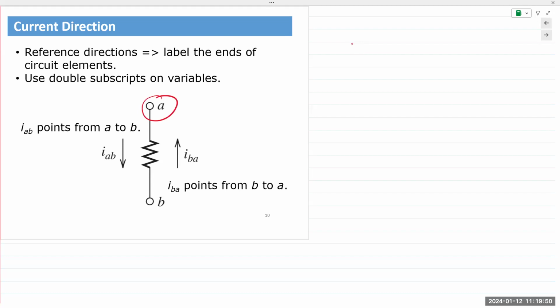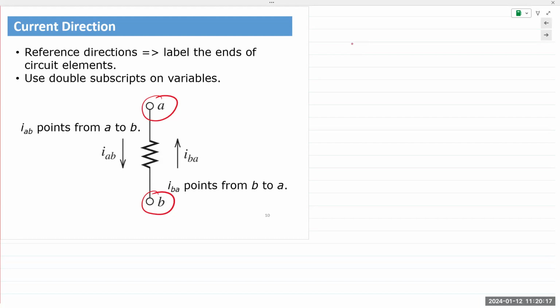In this case, it is A and B, right? It shows that this is a resistor, but it could be any element. You establish the voltage polarity, you establish the current direction. Whether it's given to you or whether you're making an assumption does not matter. But once you have the voltage polarity and the current direction, you can begin your analysis.